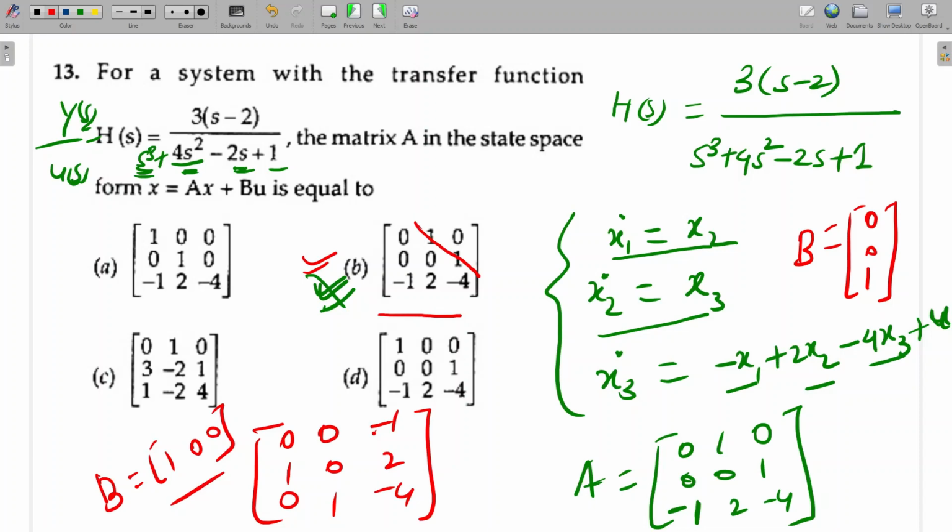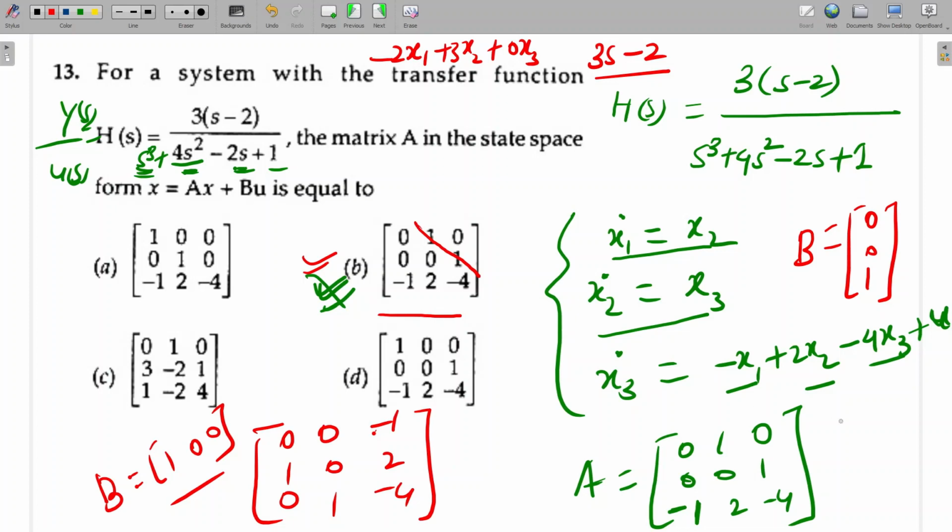And what is the C here? So C, if we see 3s minus 2, correct? So here this s square term, 3 term we require. So 2s x1, minus 2x1 plus 3x2 plus 0x3.